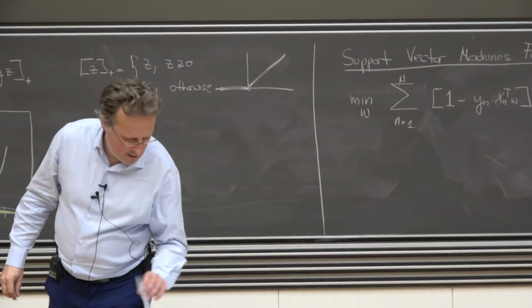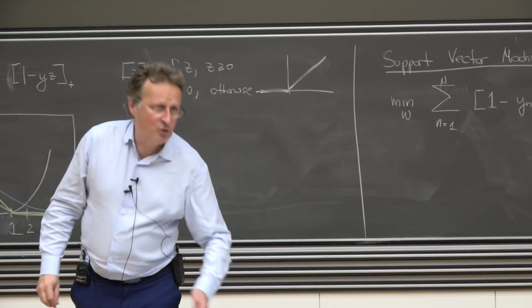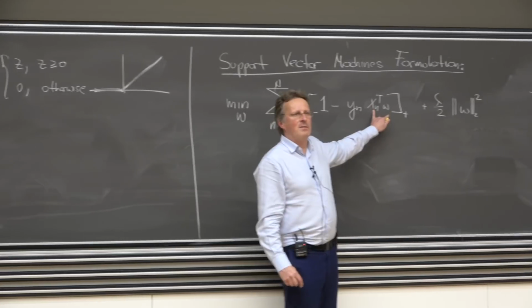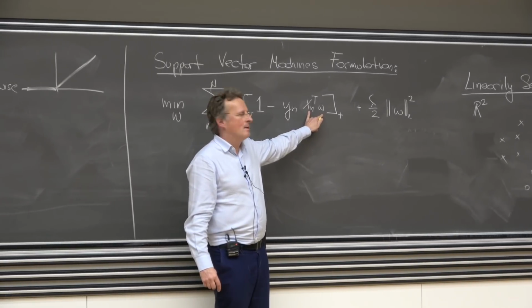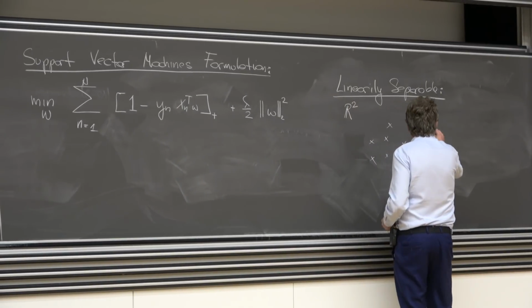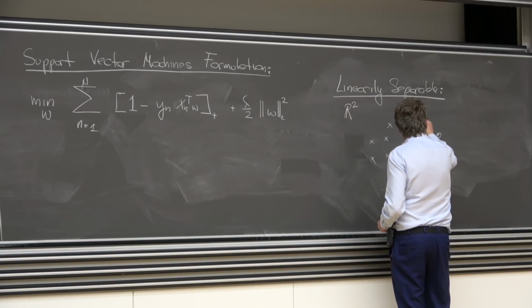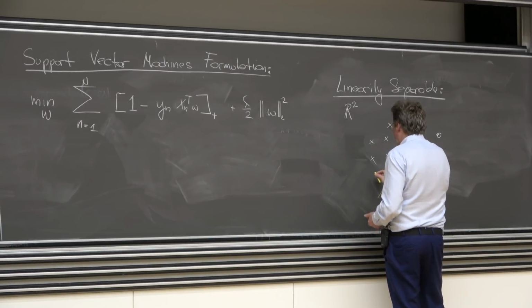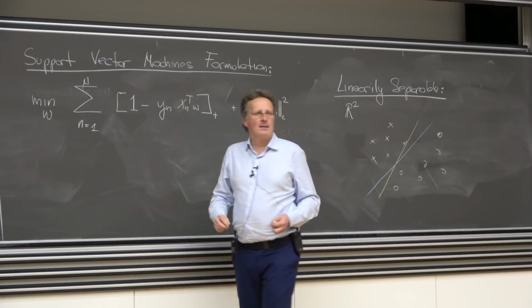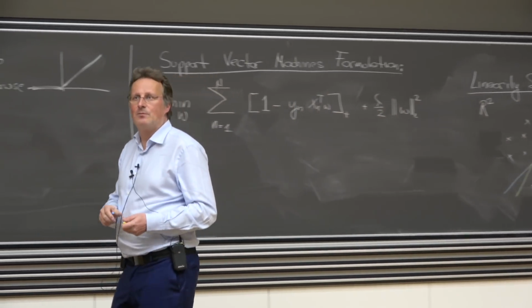Our prediction is again based on some linear function, so it's just a hyperplane here. The question is, what kind of hyperplane should we pick? We have many choices that separate them. Maybe we should pick this hyperplane, or maybe it's better to pick this one. So what should we pick?